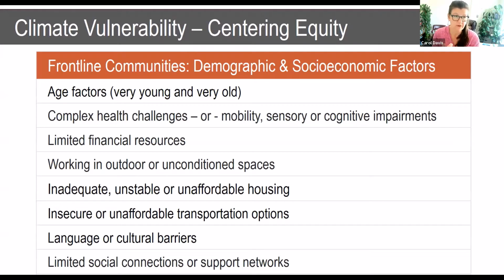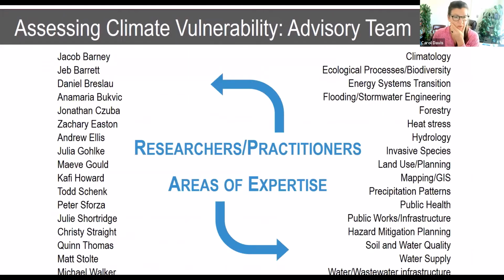So, you know, the very young and the very old, I won't read all of these to you, but essentially these are people who have traditionally identified as marginalized or vulnerable. For the sake of how I'm framing the climate vulnerability assessment, I am referring to these folks as frontline communities because they are on the front line of a changing climate. And so anything we do as a community to develop adaptation and resiliency strategies puts these folks at the center to make sure that we're thinking about their needs first. Just want to put that right on out there.